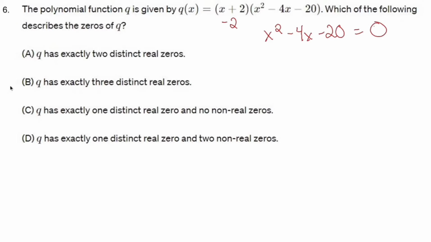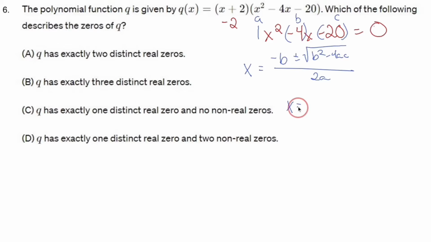So I guess what I have to do is use my dear friend, the quadratic formula. x equals -b plus or minus the square root of b squared minus 4ac, all over 2a. I sang it and I wrote it at the same time. My a is invisible 1, my b is -4, my c is -20.